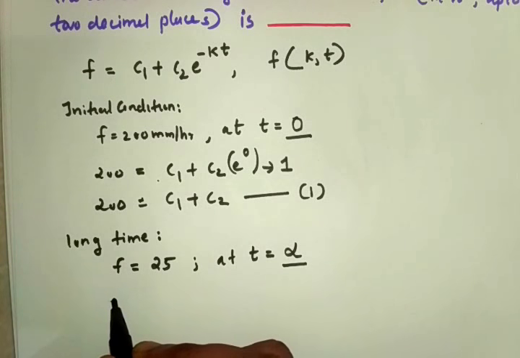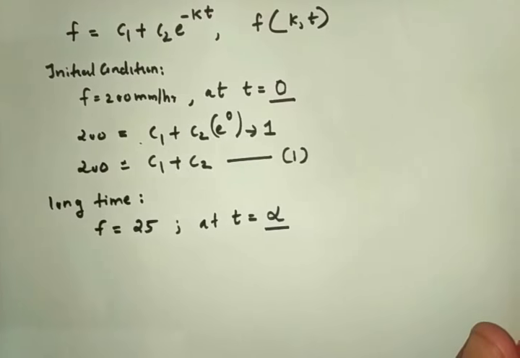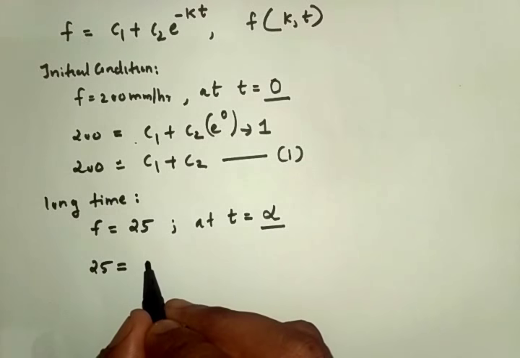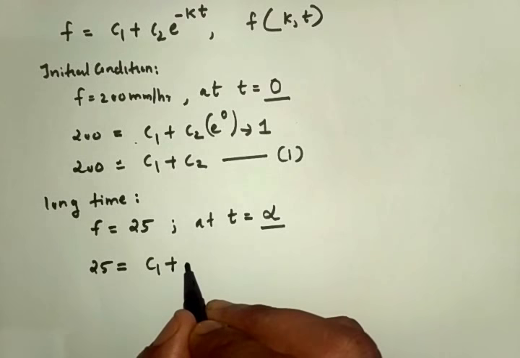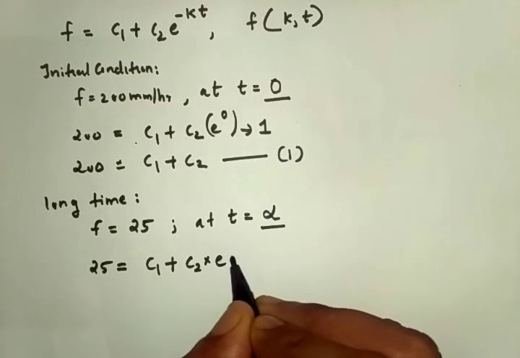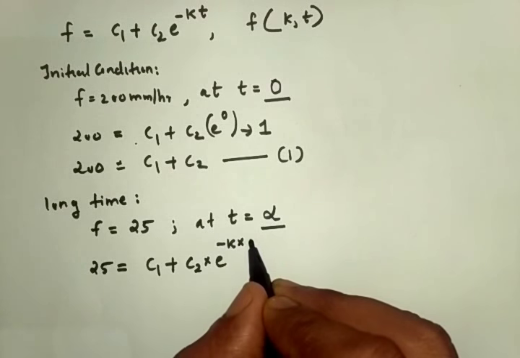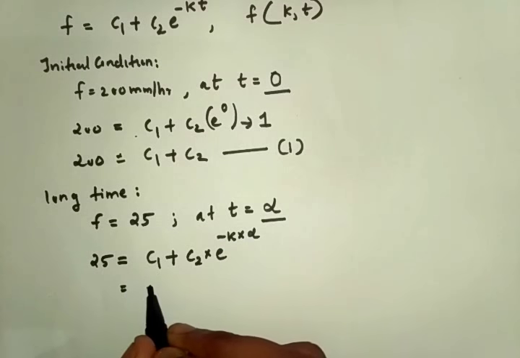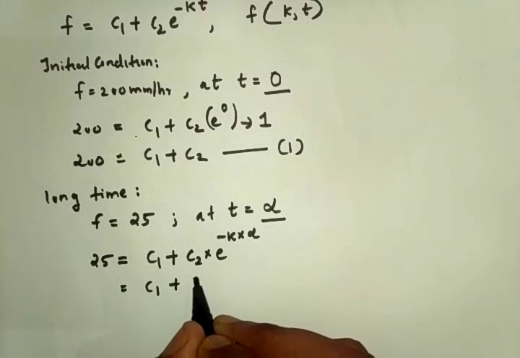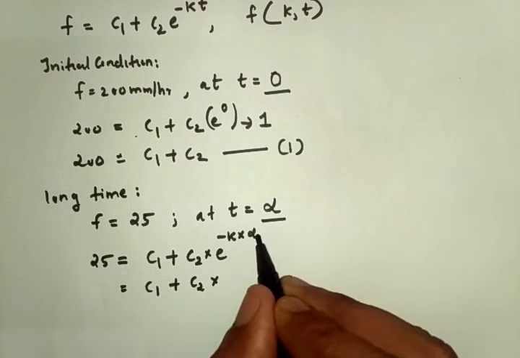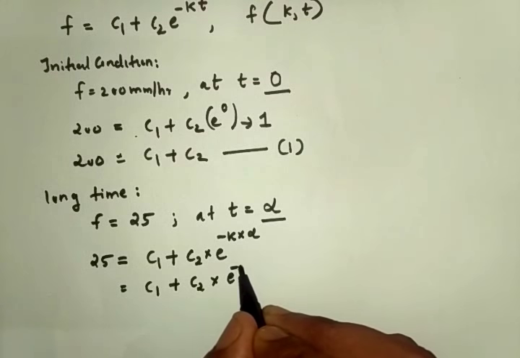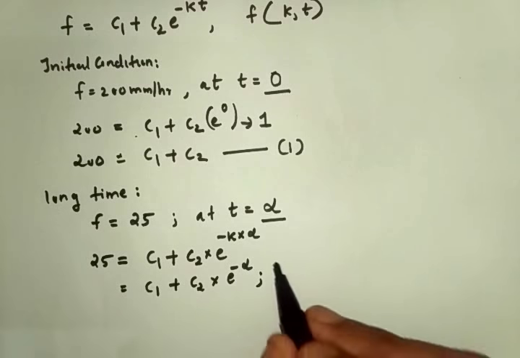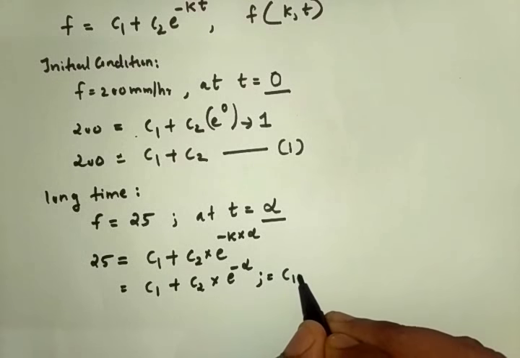Putting it in the equation, we get 25 = C1 + C2 e^(-k times infinity). What will this value be? This is e raised to minus infinity.